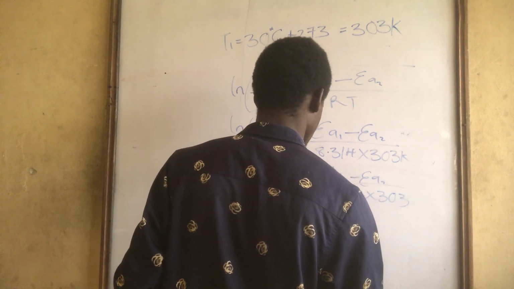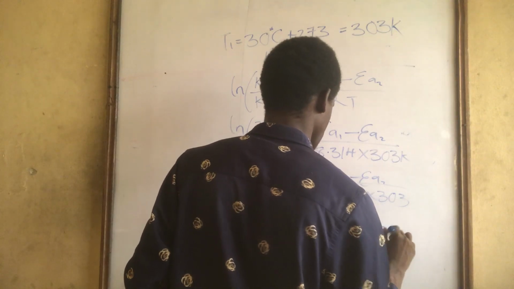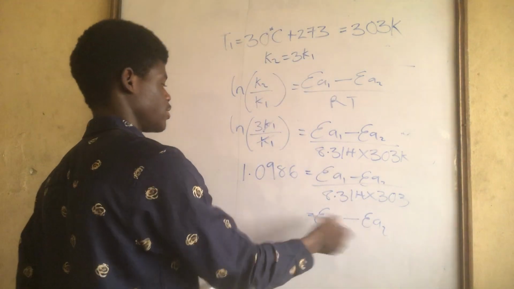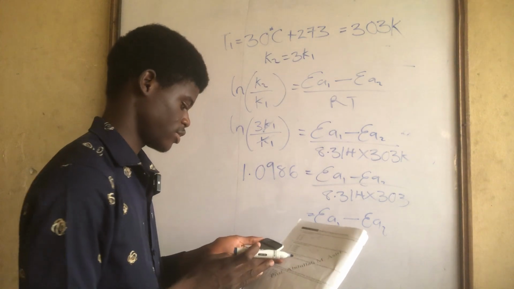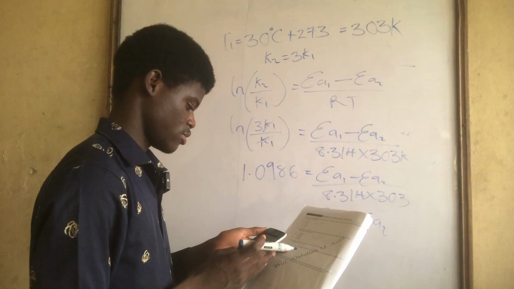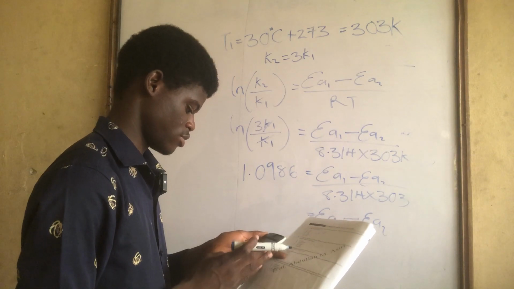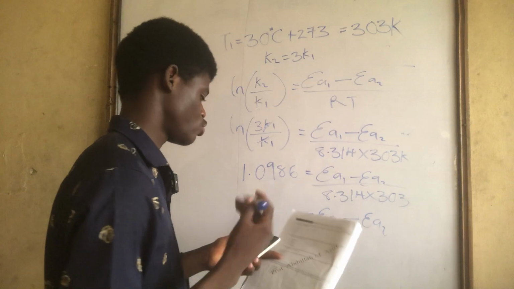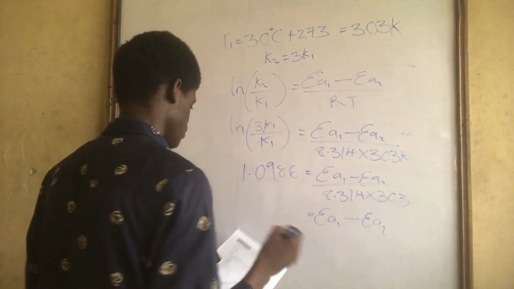We cross multiply, and our answer will now be 1.0986 times 8.314 times 303. That will be 2767.